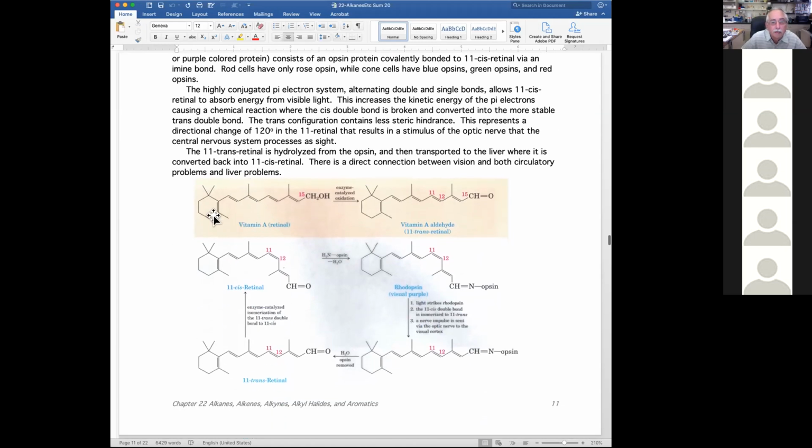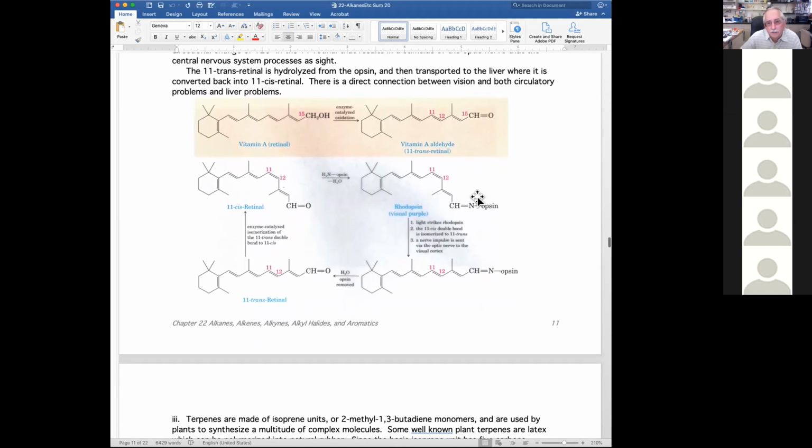So here's vitamin A, which is called a retinol because that's an alcohol. There's an enzyme that takes the primary alcohol and oxidizes it one step into an aldehyde. Now that's called retinal. And notice that it's called all trans.